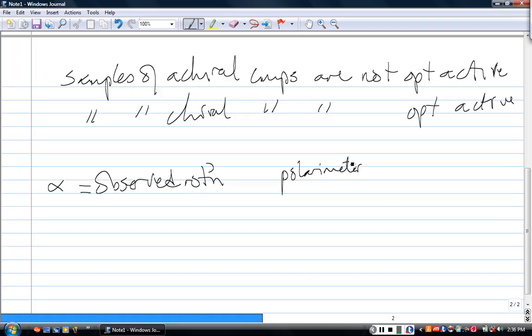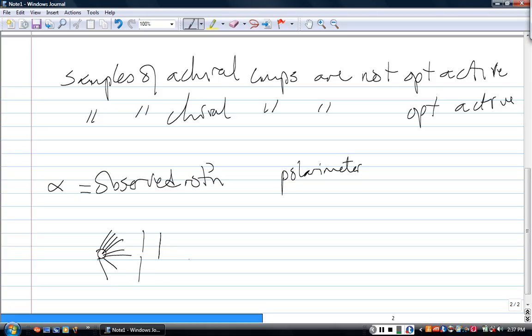And a polarimeter is an interesting unit. What I'll describe is the very old version of a polarimeter. And the idea is that you would have a light source, and this light source would have light rays coming out of it. There would be a slit which would allow only a pencil of light to come through.